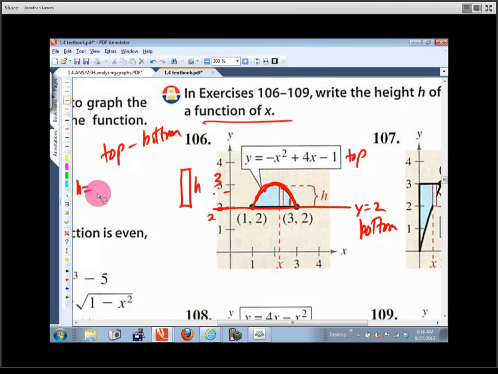So the height is going to be negative x squared plus 4x minus 1, minus the bottom, which is 2. Would I leave it that way? No, I'd want to simplify it. Notice what we've got here: negative x squared plus 4x minus 3. Is that a function of x? Yes, it is. Any questions?